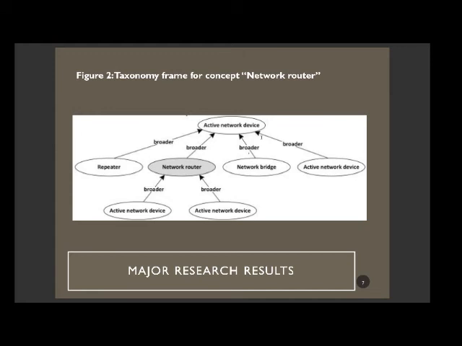As an example, poster 7 shows the taxonomy of the frame of the network router concept.